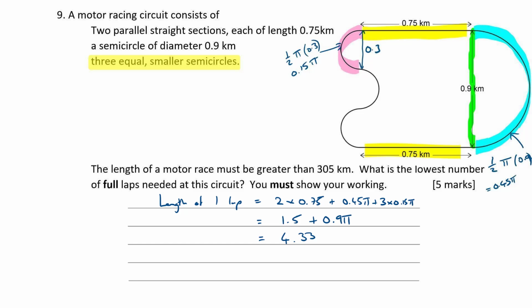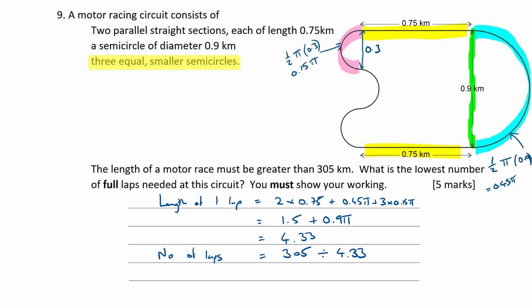Now if you remember, we needed to make the race greater than 305 kilometers. So if I divide the length of one lap into 305, I should work out how many laps I need. So number of laps is going to be 305 kilometers divided by our course length of 4.33 kilometers.